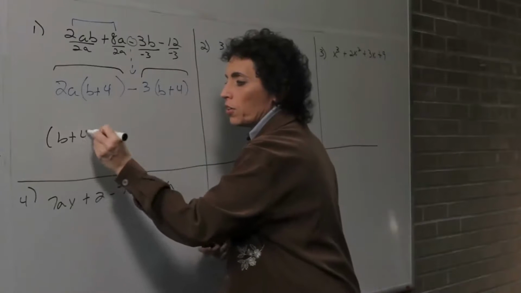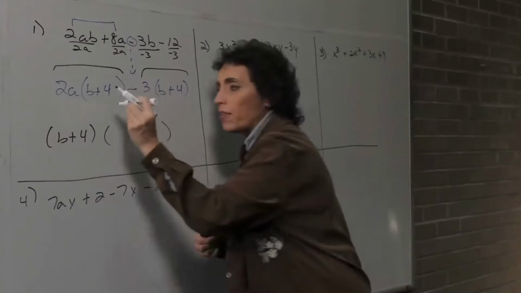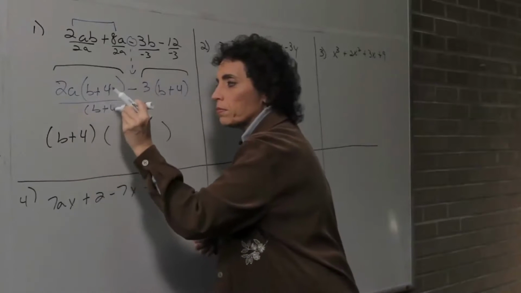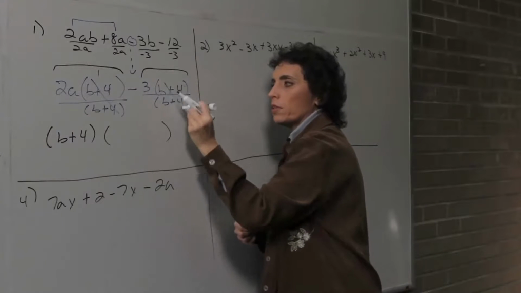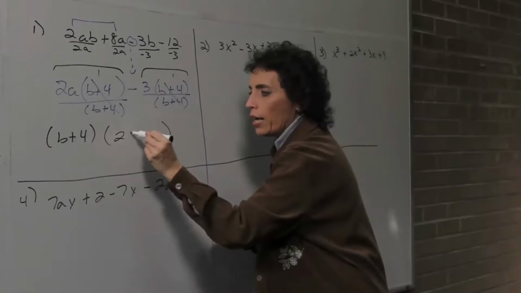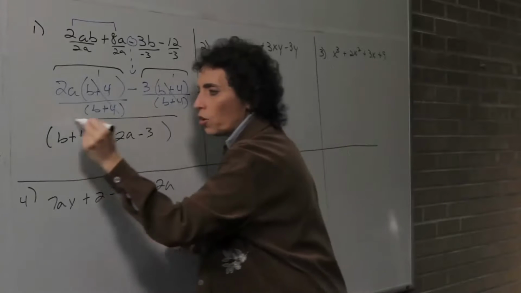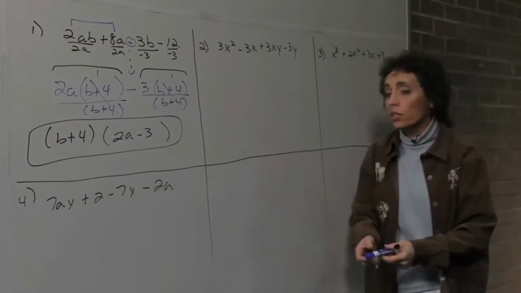It's in parentheses, I'll keep it there. Make a big set of parentheses, divide by that b plus 4, and we get 2a minus 3. So these are my factors. Absolutely awesome. And that's how that works.